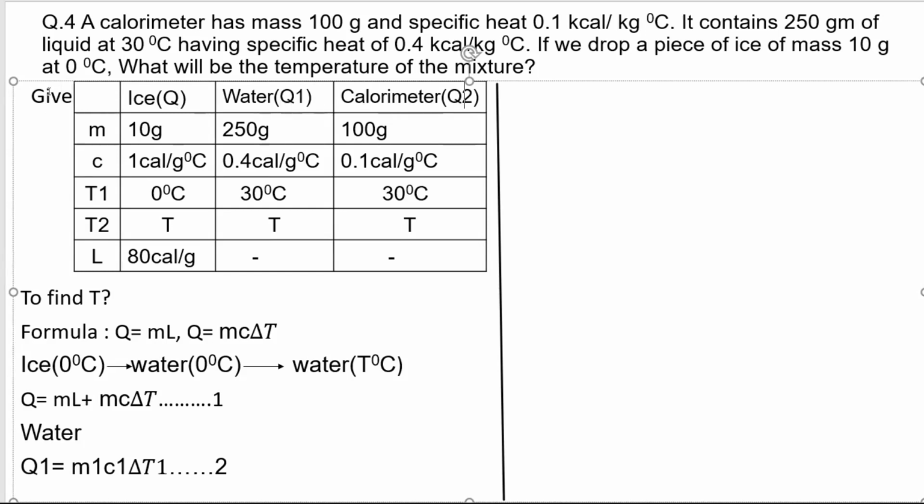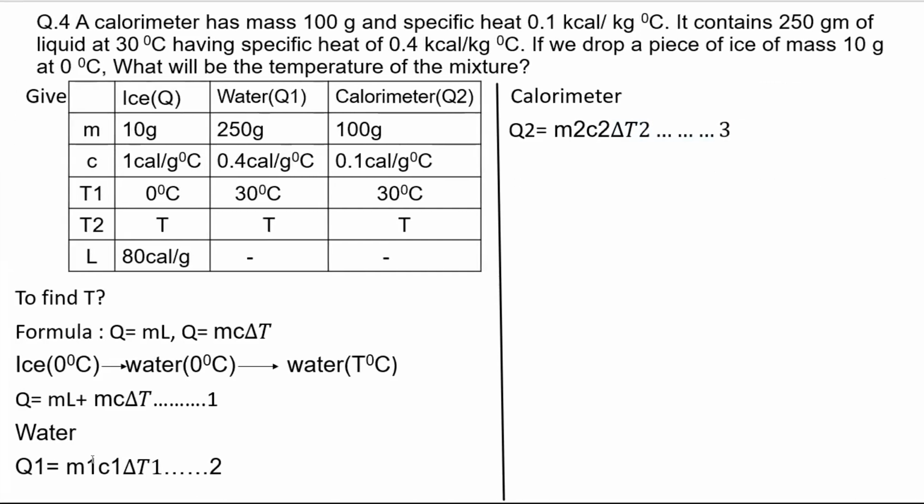Heat energy lost is Q2. So we can write for calorimeter Q2 is equal to M2 C2 delta T2. Let it be equation number 3.